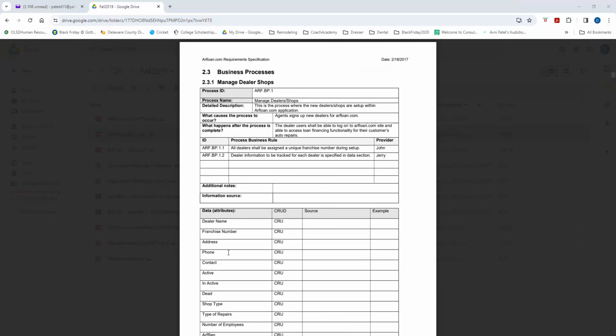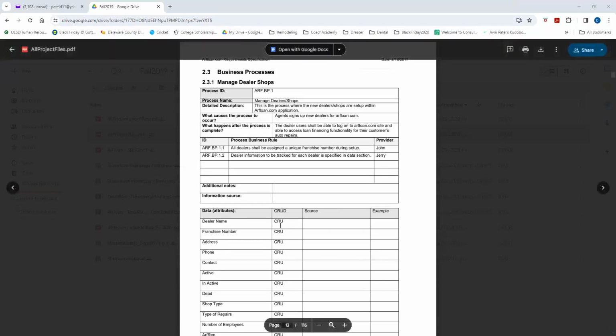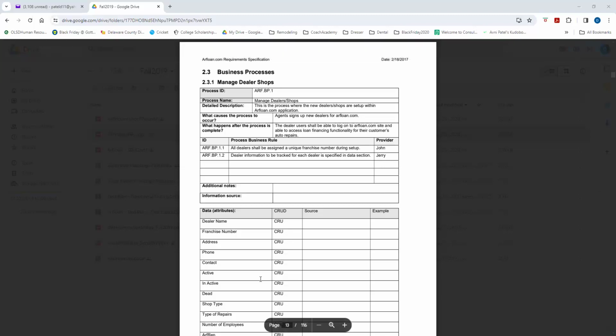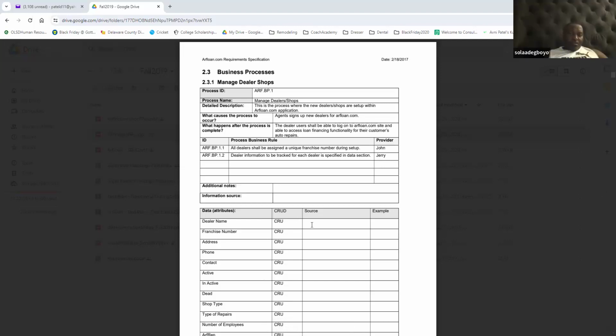No, so what this talks about is when they capture the requirements, right? Let's say you had multiple stakeholders. So it talks about from where this data is going to come. And in the scenario where it's not clear, it'll ask you for an example, right? So they may just say, hey, if you don't know how the franchise number gets calculated, give an example.